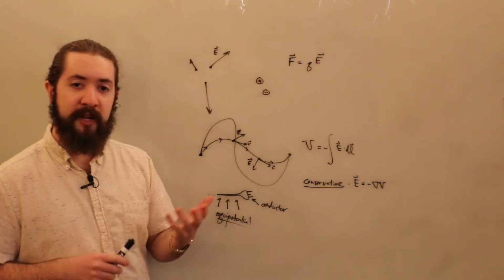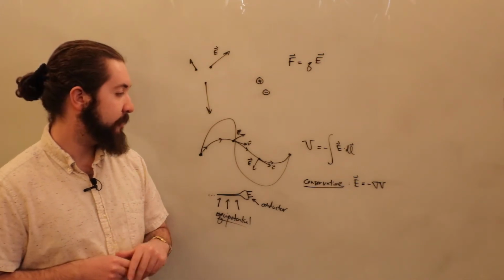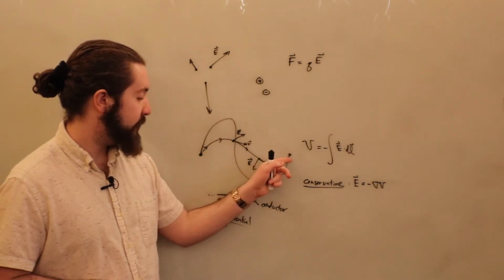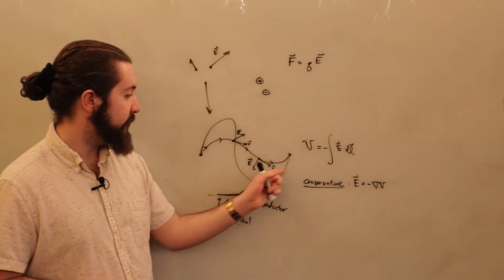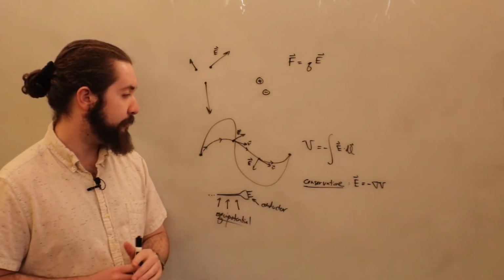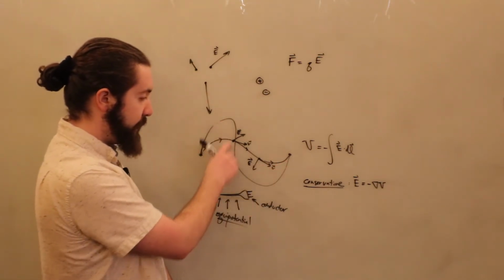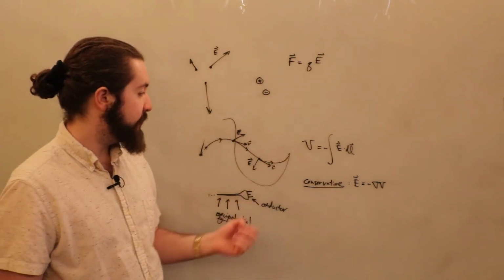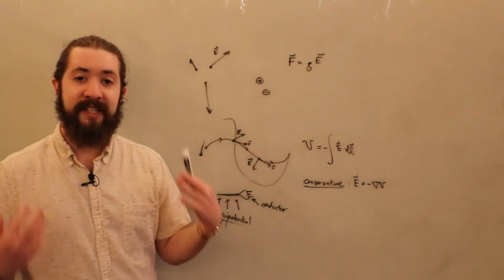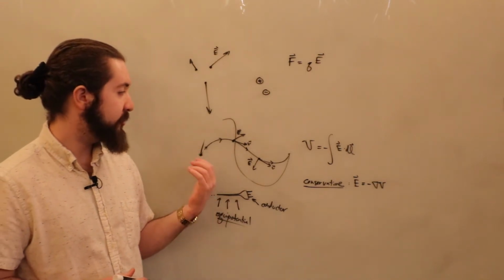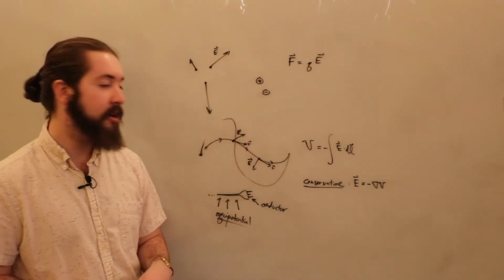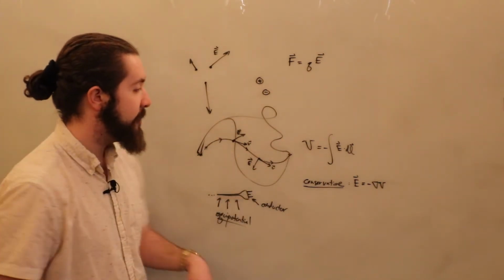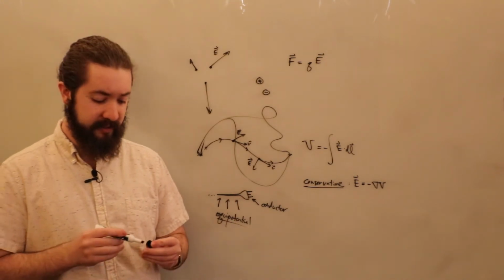And there's a special kind of field we want to consider here, and that is a conservative field. So if I'm going along this path and the voltage difference between these two points is some certain number, but then suppose I take a different path, same two endpoints, and suppose this voltage difference between the two points does not change. And suppose that this is true for any path that I take, that as long as I start here and end there, even on some wild and crazy path, the voltage difference is the same.